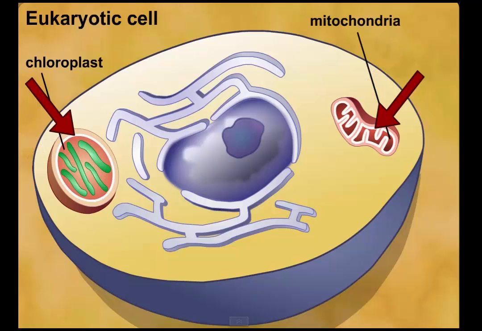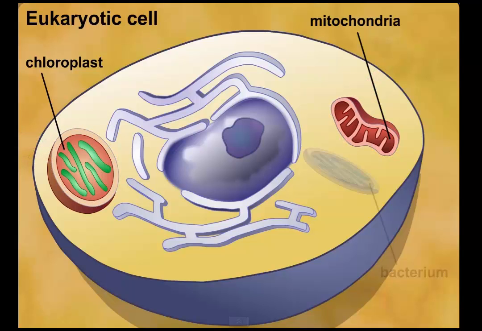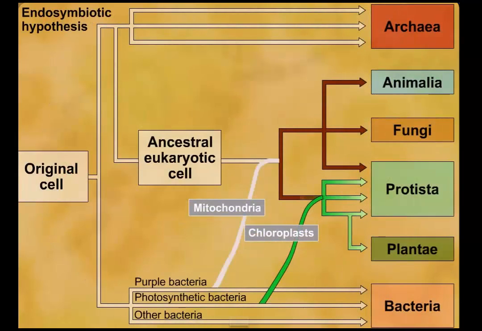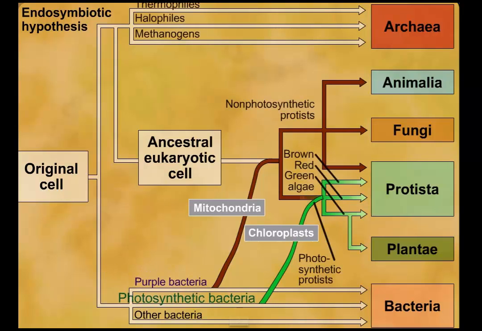The inner membrane probably evolved from the plasma membrane of the engulfed prokaryote, while the outer membrane is probably derived from the cell membrane of the host. 3. Mitochondria are about the same size as bacteria. 4. Mitochondria appear to have been derived from purple bacteria, and chloroplasts from photosynthetic bacteria.